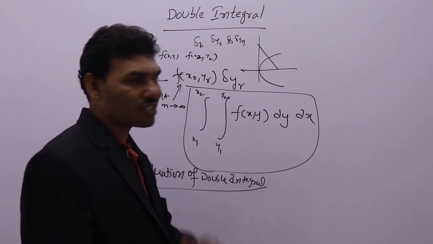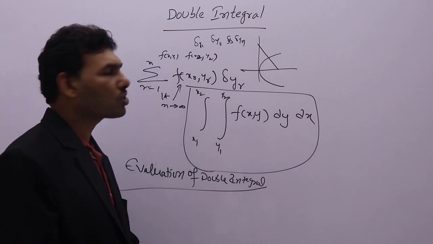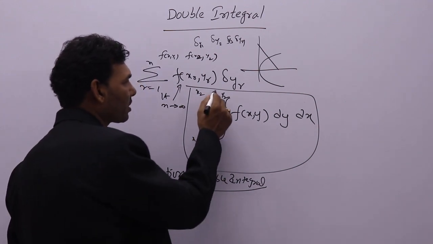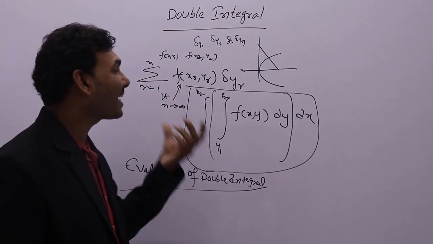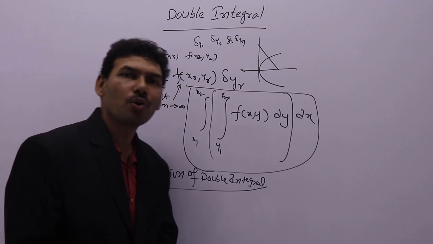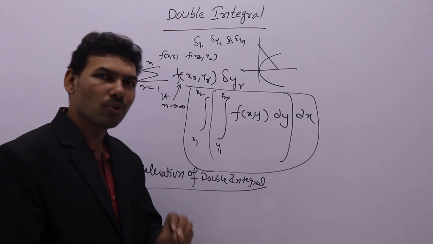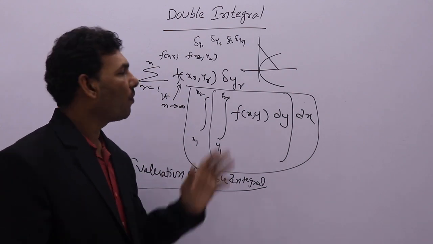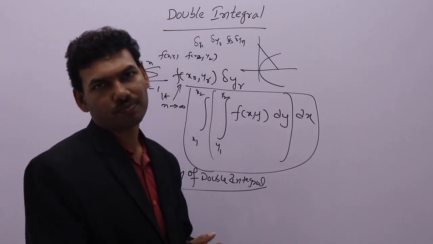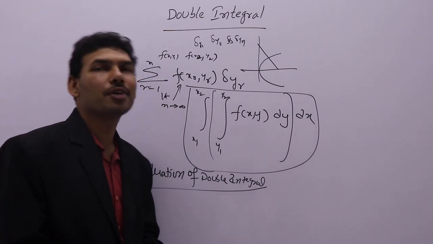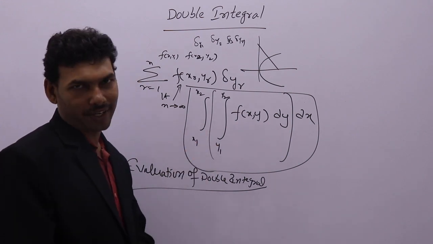If y has constant limits, you integrate at the end with respect to y. But the most important thing you need to remember is, while integrating with respect to y, keep x as constant. Don't integrate x terms. Integrate y terms only. While integrating with respect to x, integrate x terms. If you have y, then keep them as constant. Like that, one can easily evaluate.